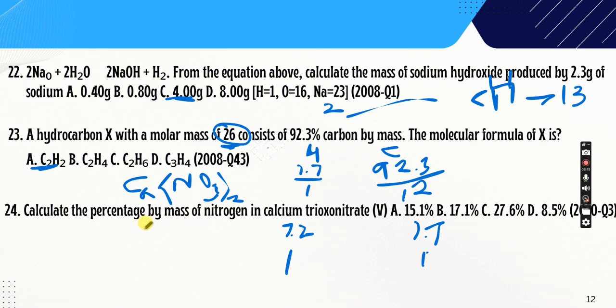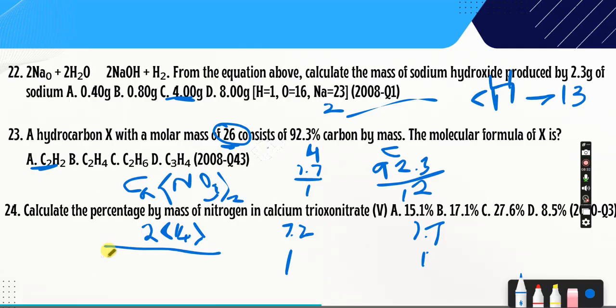That will be 2 into bracket 14, right? Everything divided by 40 plus 2 into bracket 14 for the nitrogen, plus we have 3 oxygens there, that's 16 times 3, that's 48, plus 48. Then we close the bracket.